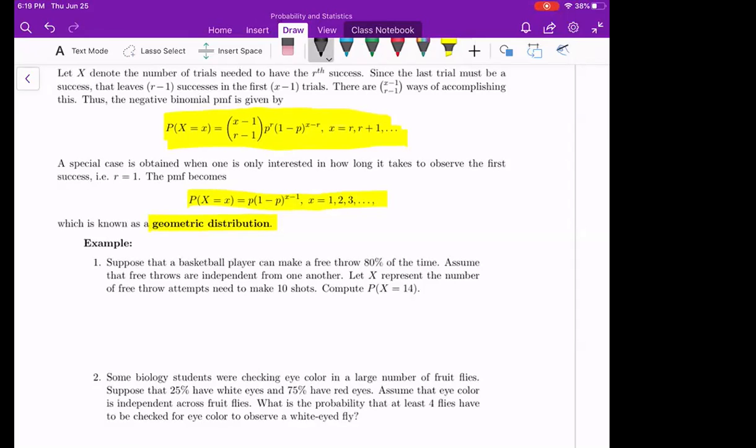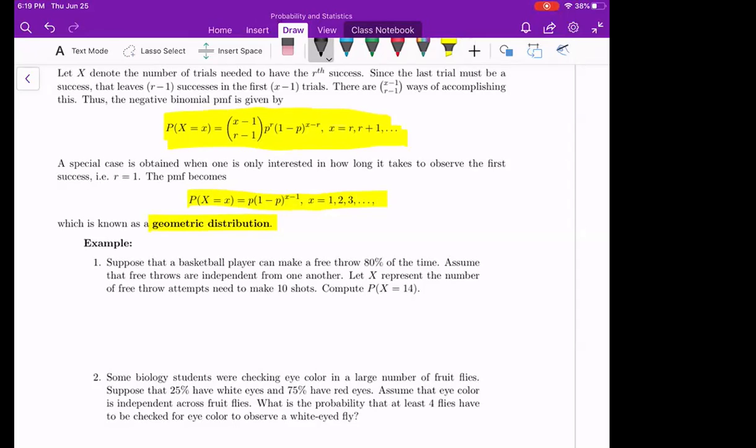We want to compute the probability that x is 14. So what that P statement means is, what's the probability that it takes 14 shots in order to have seen 10 successful ones, which implies the 14th one is the 10th success.